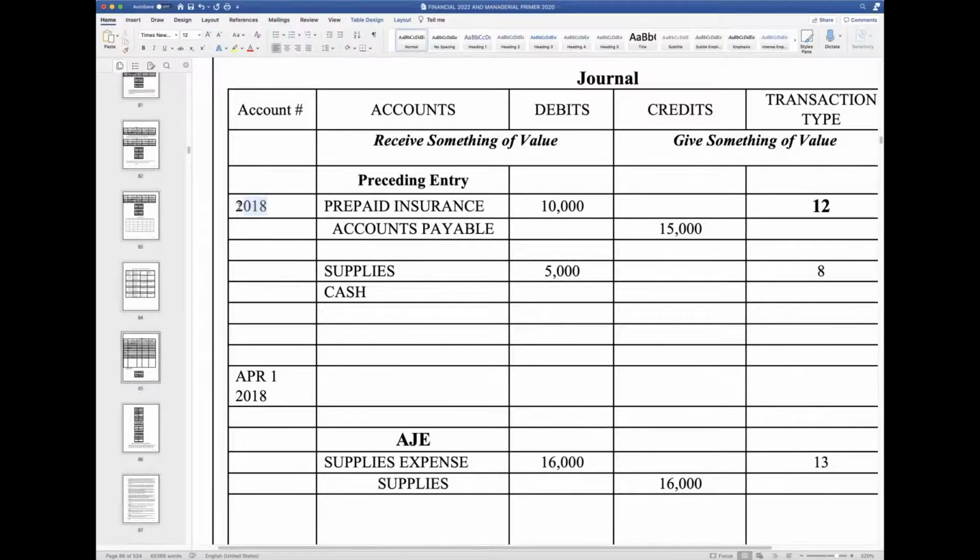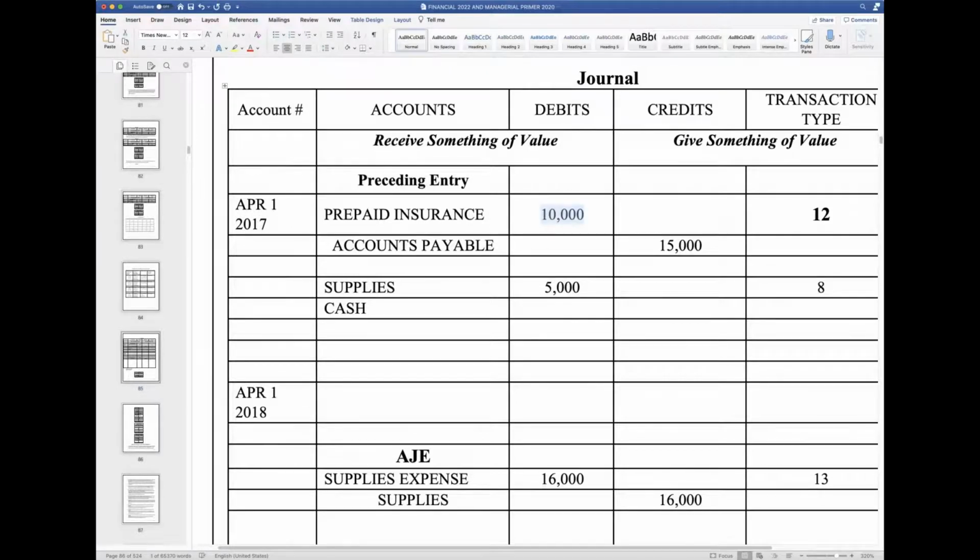And right now we're at April 1, 2017. So the insurance begins to expire, just like on your own car.